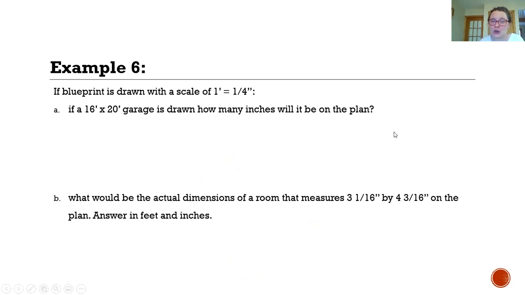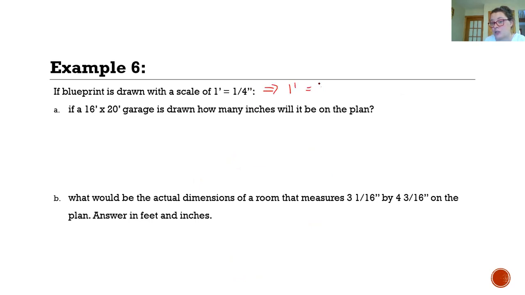A blueprint is drawn with a scale of 1 foot equals 1/4 inch. So this kind of takes us back to the beginning diagram that you had, and I think you've probably done this in blueprints before. If a 6 foot by 20 foot garage is drawn, how many inches is it going to measure on a plan? So we just need to solve 2 simple ratios. I will typically switch these to decimals first.